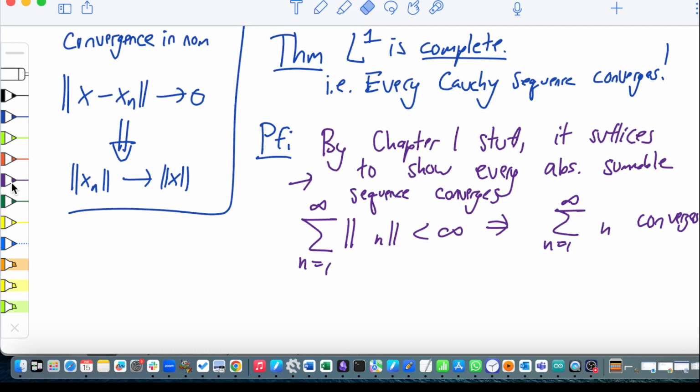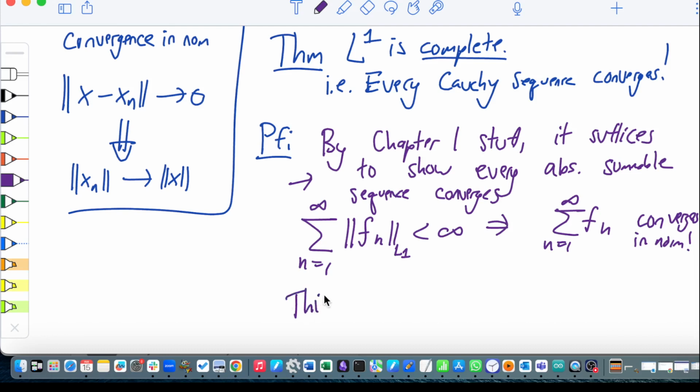The norm of fn, that's the L1 norm, means the sum of the fn's converges in norm. So if you have a sequence of fn's that are L1 convergent, then their infinite sum must converge. That was the proof we just did.